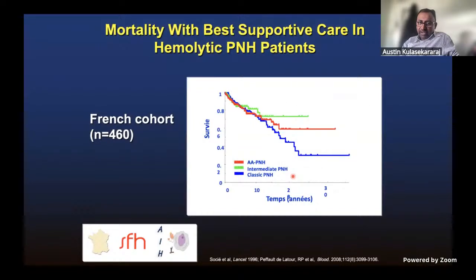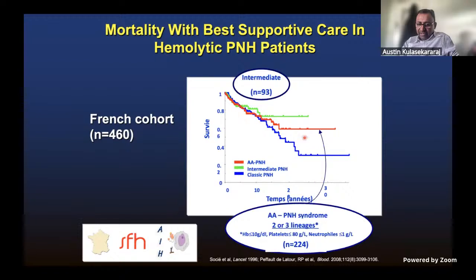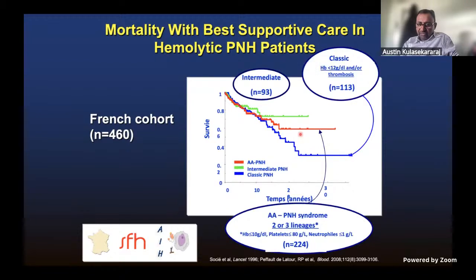And this is where the French group and the EBMT looked at it. And this is looking at patients with classical PNH. This is similar to the graph Arihan showed, patients who had thrombosis, yeah, with classical PNH and had hemolysis, while patients who had AA PNH, or what they defined as intermediate PNH, where they defined it as not fitting into any of the criteria.